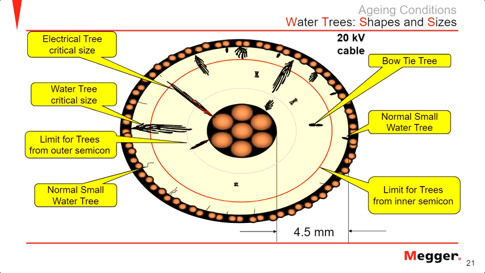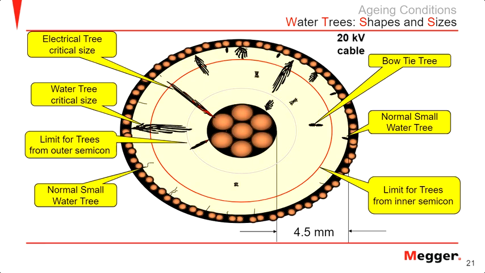This is just a good example of what kind of electrical trees and water trees are critical. This red line shows the limit for trees from the inner semiconductor. If your water trees have grown past this red line, then that is likely to fail in service.